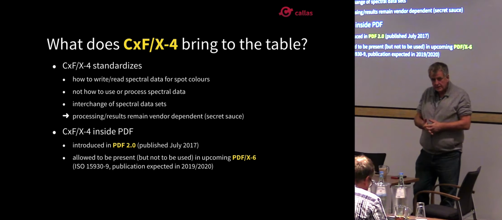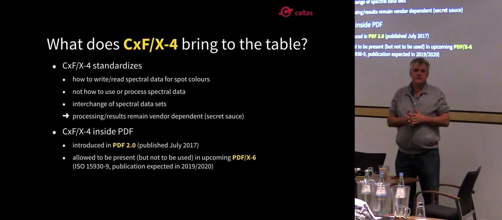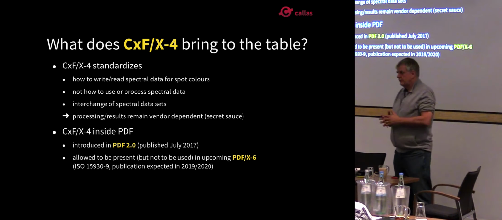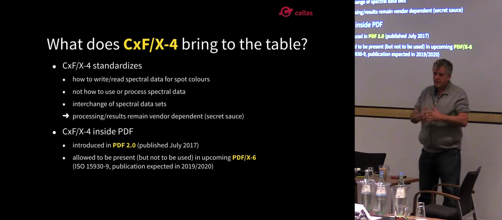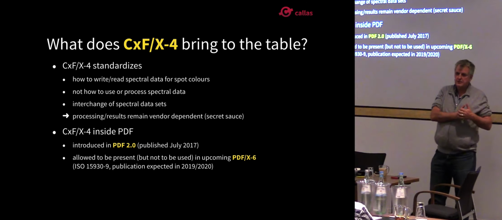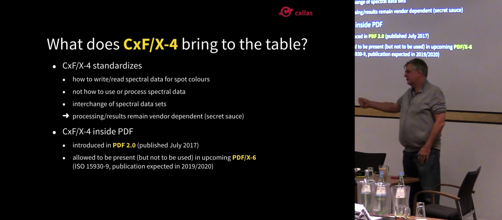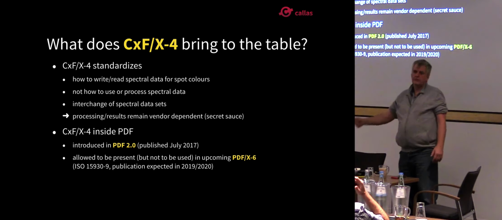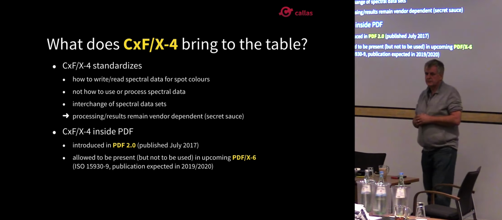PDF X6 will say it's out of scope, so PDF X6 itself will not tell you anything about it. It doesn't block you from using it, but it also very clearly declares it's not part of the PDF X6 file exchange. So if your printer gets it wrong and you have put spectral data inside your PDF X6 file, you can't blame the printer for not doing the right thing with the spectral data, at least not on the foundation of just PDF X6.